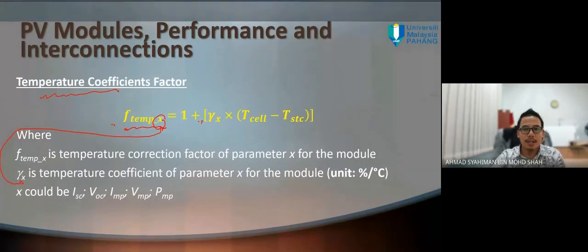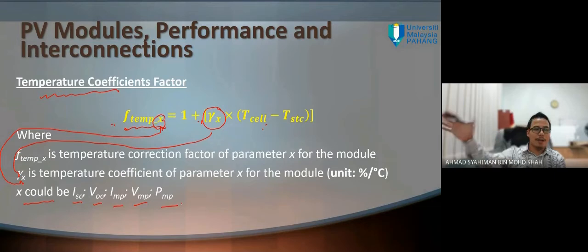Gamma X tu adalah temperature coefficient of parameter X for the module. Apa parameter tu? X could be ISC boleh, VOC boleh, IMP boleh, VMP boleh, PMP boleh. Maksudnya fleksibel, semua boleh: current, voltage, power semua boleh. Itu adalah X tadi tu. But the temperature coefficient gamma X, unit dia adalah percentage over degree C.